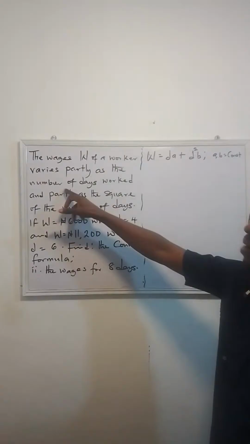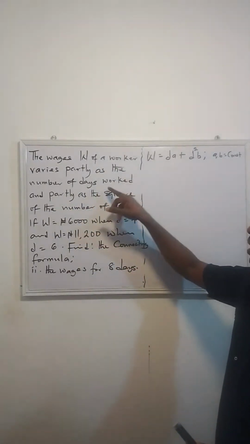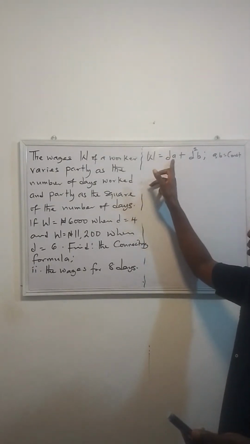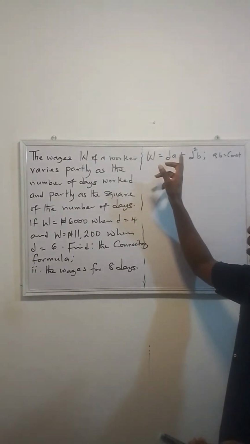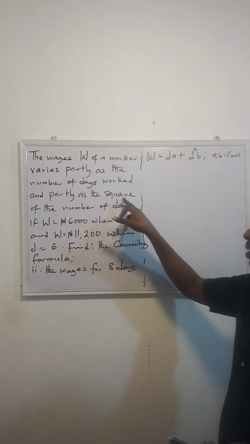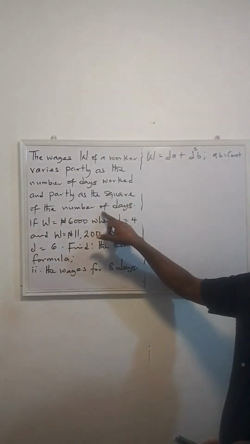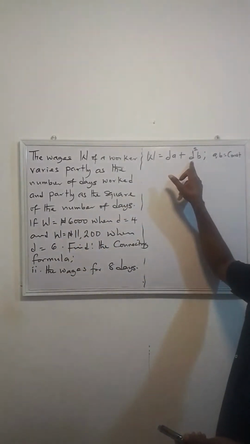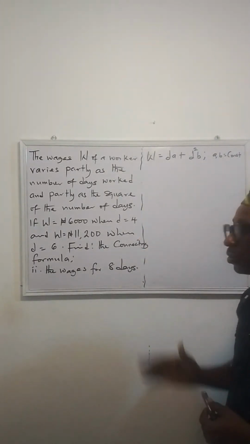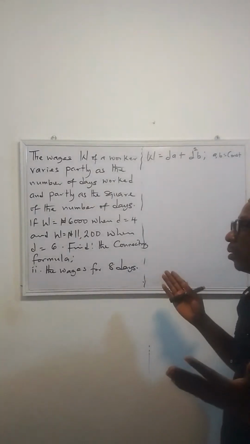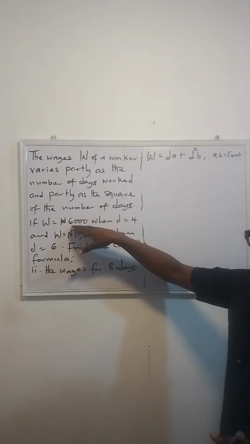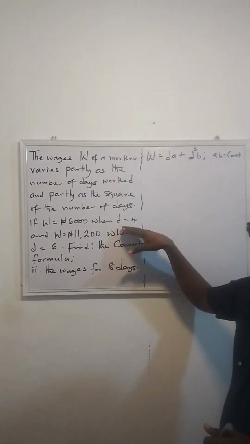Partly as the number of days, that is D. The number of days is a variable, so you introduce a proportionality constant A, plus partly as the square of the number of days, that is the square of D. So you can introduce the constant there, and that's all.